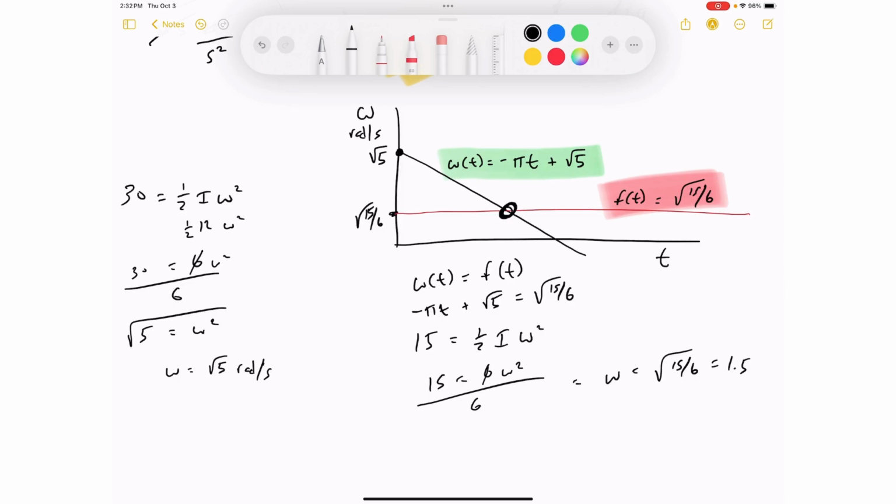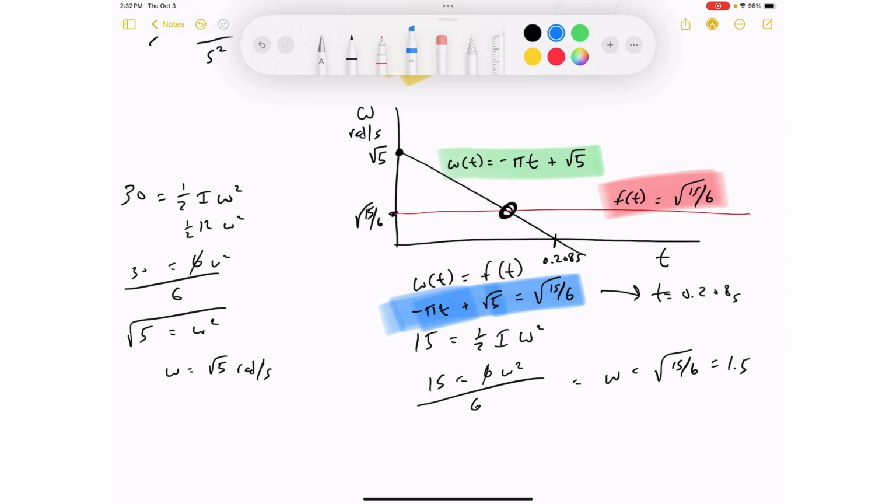So I just need to solve for t. If you solve for t, you end up with t equals 0.2, I believe 0.208 seconds. So right here is 0.208 seconds.